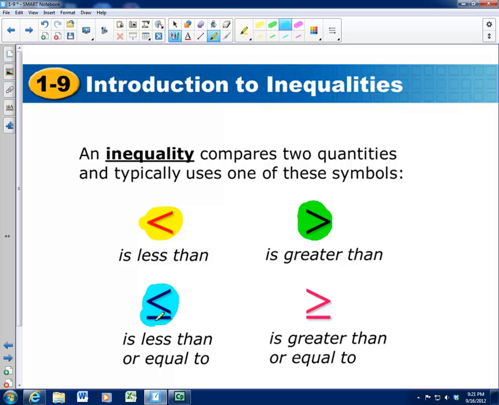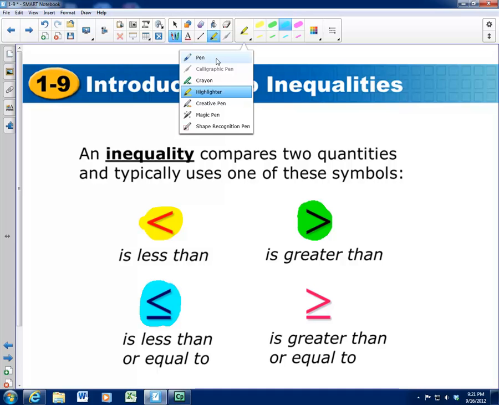Now, what this means right here is just like what it sounds like. It's less than or equal to. What makes it less than or equal to is the fact that it has a line right underneath it. You can kind of think of that little line as part of an equal sign, because that's essentially what it means.